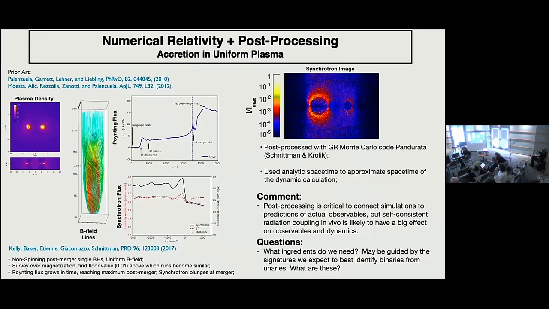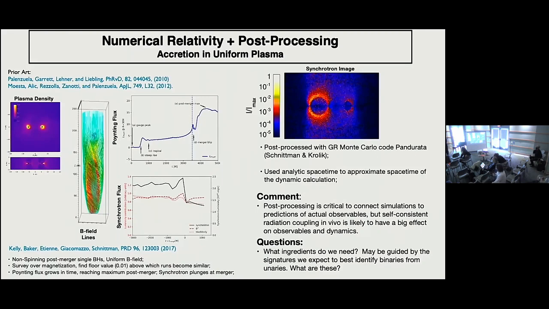I think we do all these simulations, but we need to keep our eye on predicting observables. So it's important to have this kind of pipeline in place so that you can quickly make an electromagnetic prediction. And then, what missing physics do we need?